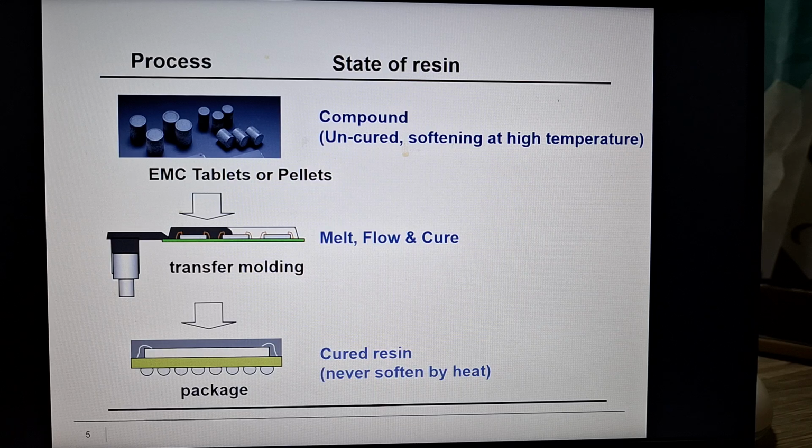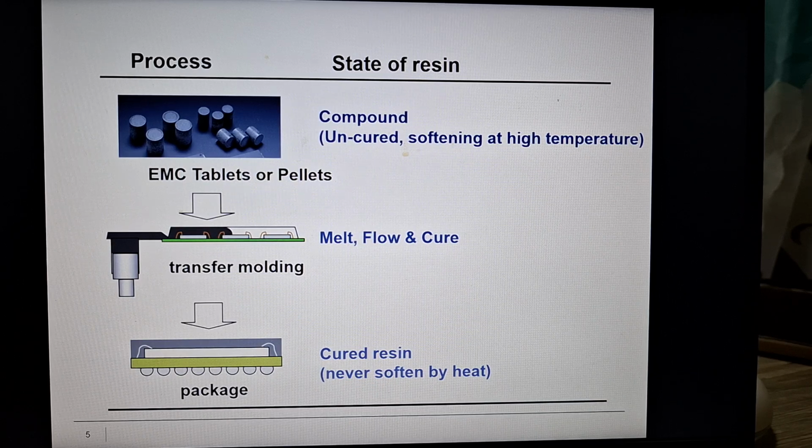So this state of the EMC tablet or pellets is used in the process of encapsulation, as I have mentioned in part 1 of this lecture. Upon placing the tablet or the pellet into the pot of a mold machine in the mold tool, it is transferred and filled up into the spaces or mold cavities, which are used to encapsulate the circuitry inside.